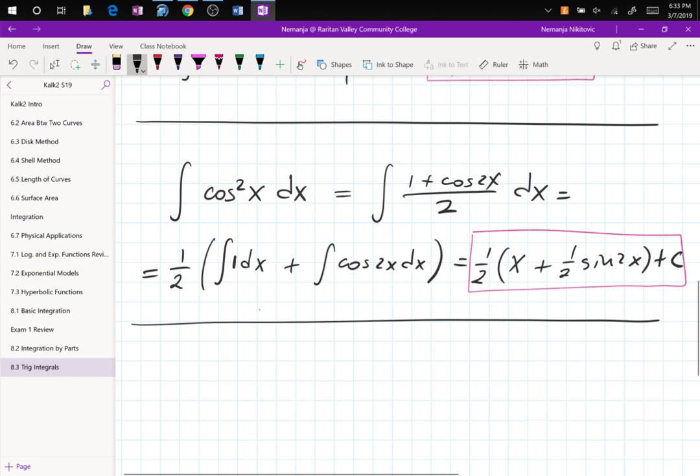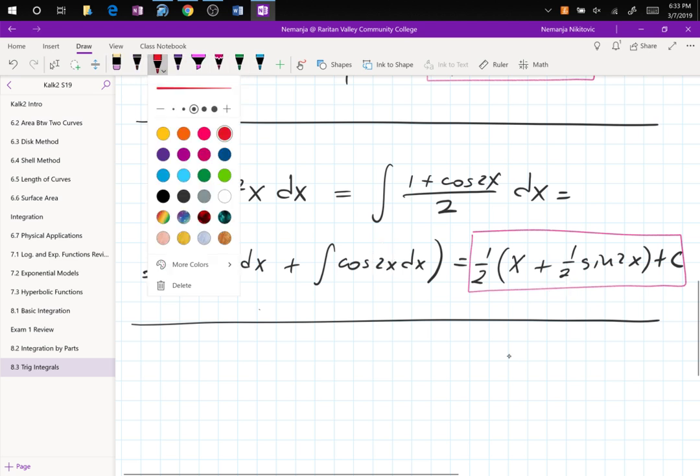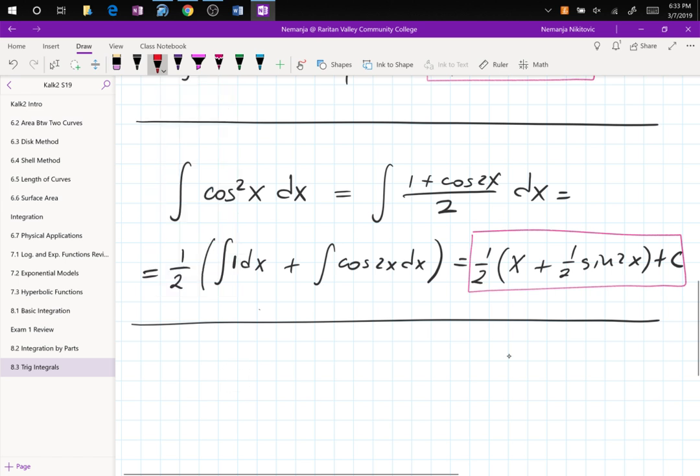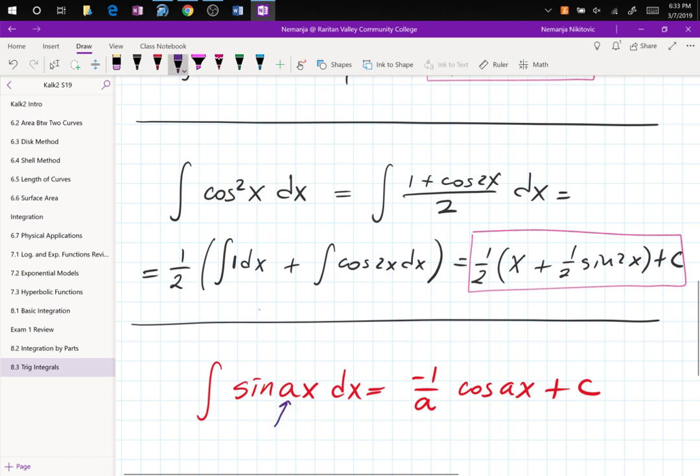Do you know where the half came from in front of the sine 2x in the answer? It came from this. Whatever that number is, it's going to be this number. Actually, that's worth mentioning, guys. The integral of, let's use sine ax dx, is going to be negative 1 over a cosine ax plus c. And I'm just going to point to these a's.